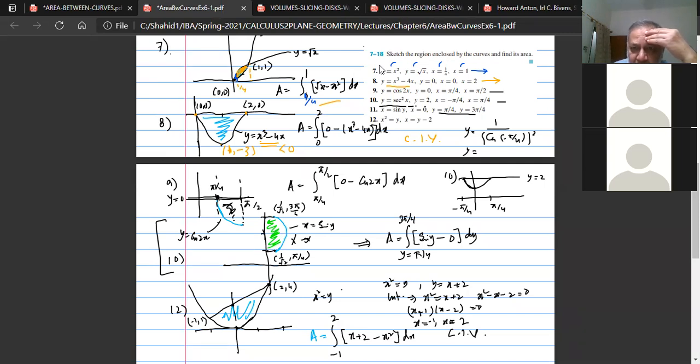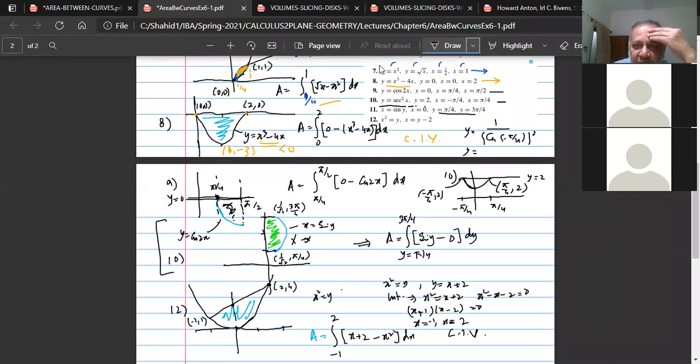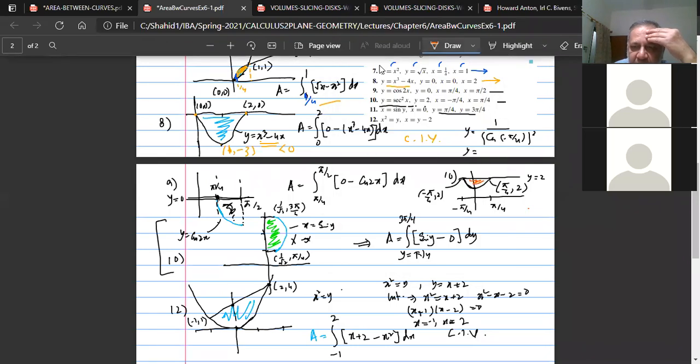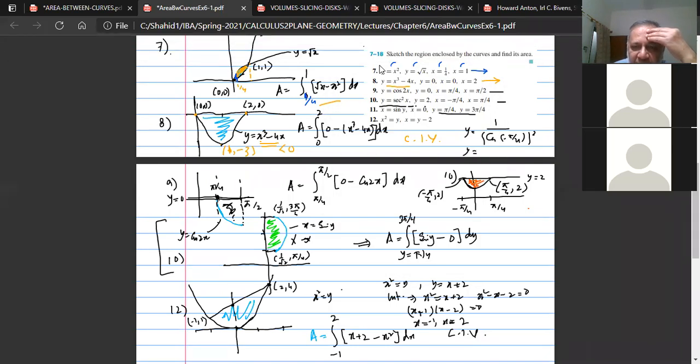At x equal to minus pi by 4 the height will be 2 and at x equal to pi by 4 the y value will also be 2, that is, the coordinates of this point are pi by 4, 2 and the coordinates of this point are minus pi by 4, 2. So the region that I have to consider for integration is this region. And I think now it will be clear that this figure was wrong for problem number 10.